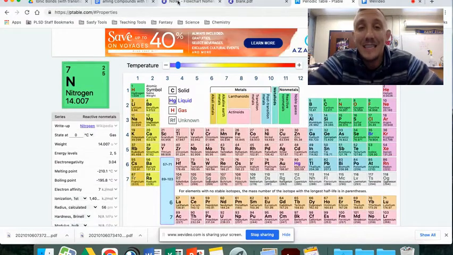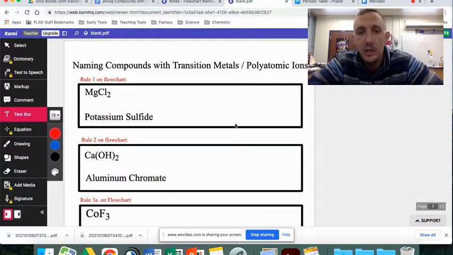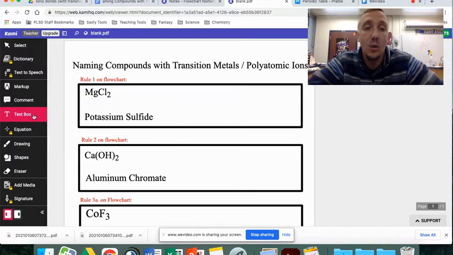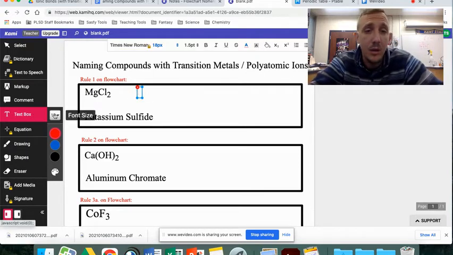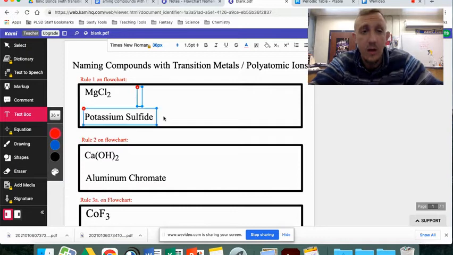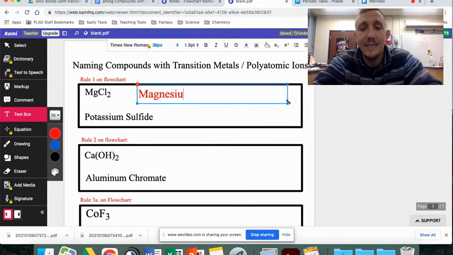Okay, if that's the case, you have to just name the metal and then name the nonmetal, but add "ide" to the end. Okay, so when we have a formula, you're just naming. So once again, the rule is name the metal, which is magnesium. So it's going to be magnesium.